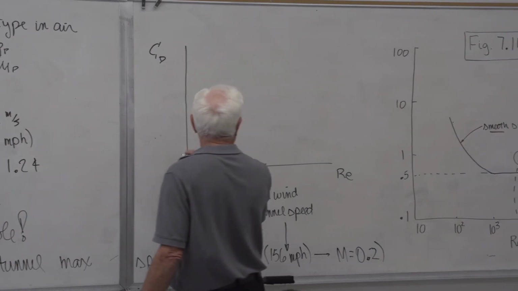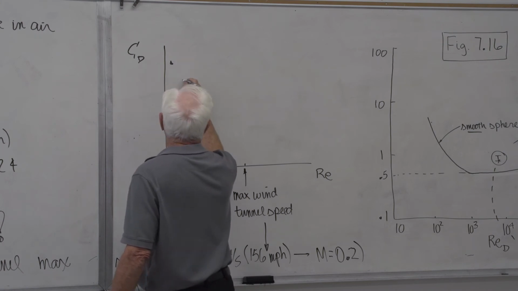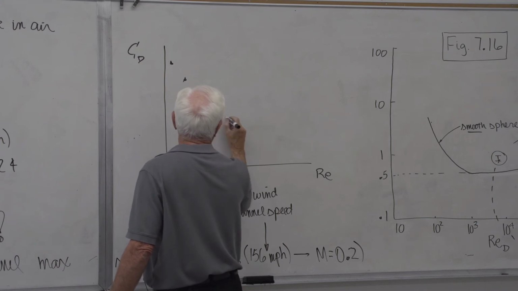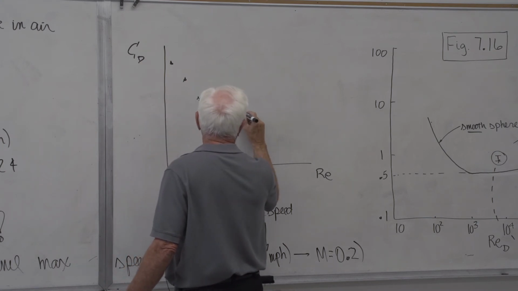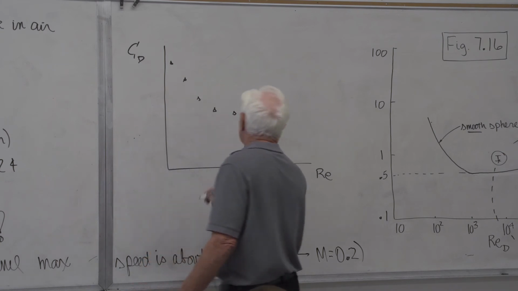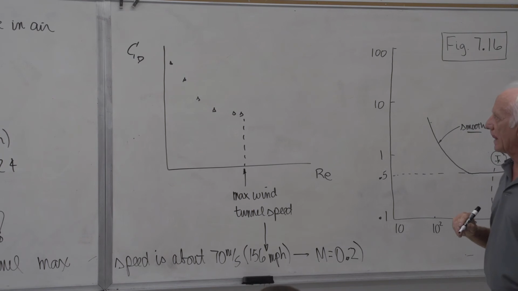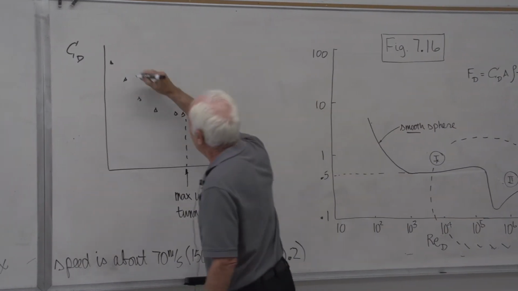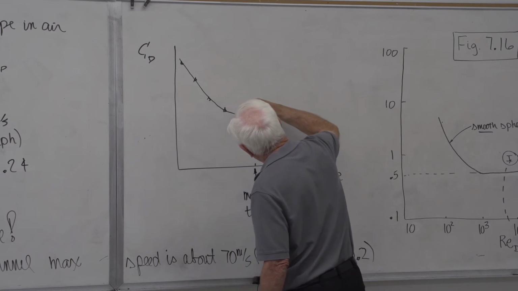So they start taking data at different Reynolds numbers, and they go in the lab and take data, and it looks like this. They say, wow, that curve's interesting. It drops really fast, and then it kind of seems to level off.